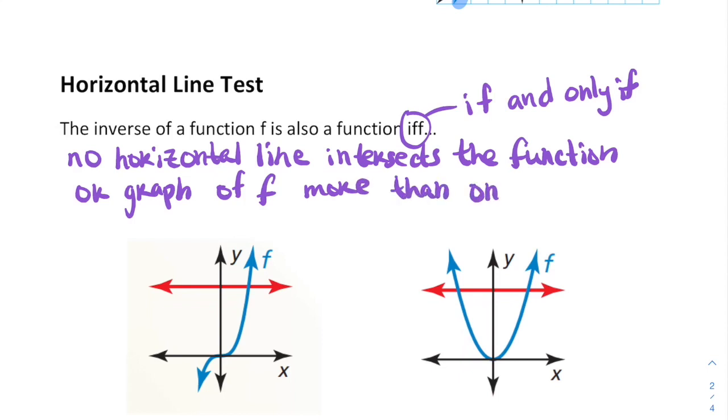So if it passes the horizontal line test, that means that a horizontal line only crosses the function once. If it fails the horizontal line test, it crosses more than once.